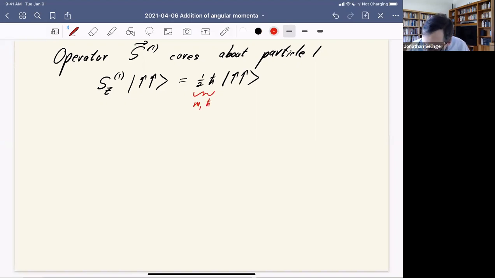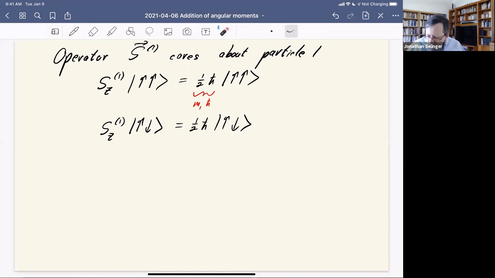Similarly, Sz1 acting on up, down equals a half h bar times the state up, down, because it doesn't care about what the second particle is doing. It only cares about the first particle. And so it just gives you the eigenvalue of plus a half h bar, because that corresponds to the spin state of particle 1.